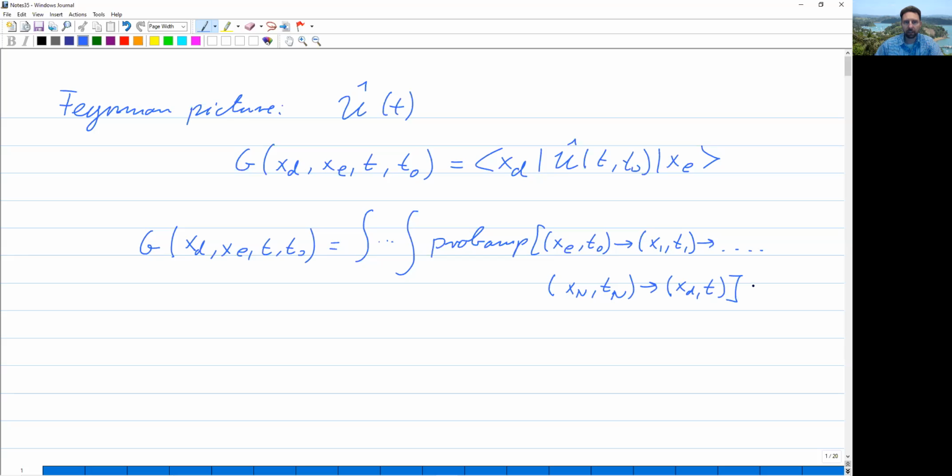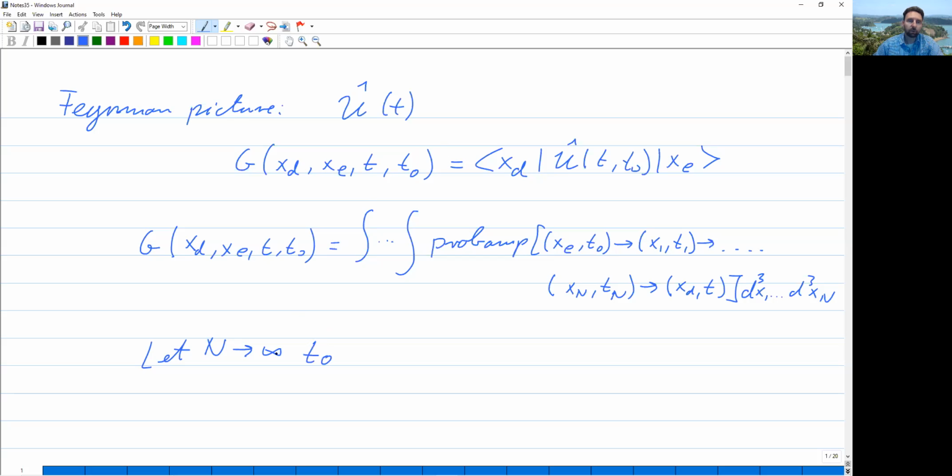And we need to integrate over d3x1 to d3xn. So we can insert here any large number of intermediary times and locations if we so wish. And then we let n go to infinity. So we subdivide the time interval from t0 to t into infinitely many tinier and tinier portions.